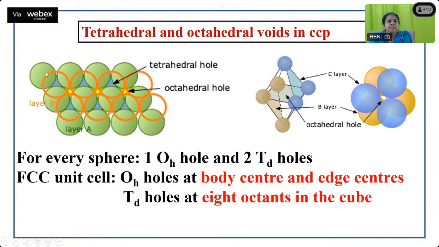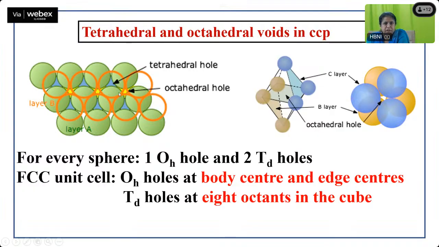Okay, now just think that the green layer is layer 1, and the red or orange layer is layer 2, or layer B. Whether it is HCP or CCP, layers A and B remain the same for both of them. It's only the third layer that makes the difference.